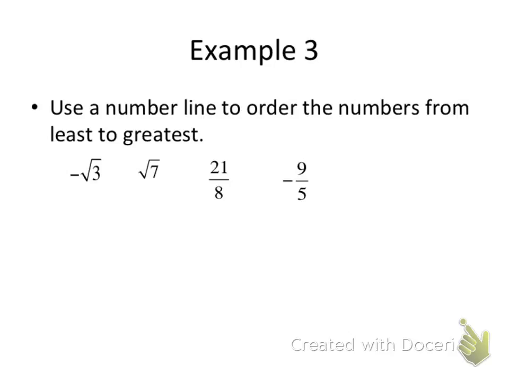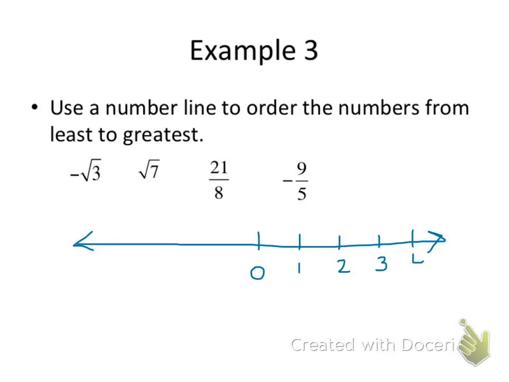Last thing we're going to do is go ahead and put the numbers in order from least to greatest. So if we draw a number line, one thing you could do would be to decimally approximate the irrational numbers.